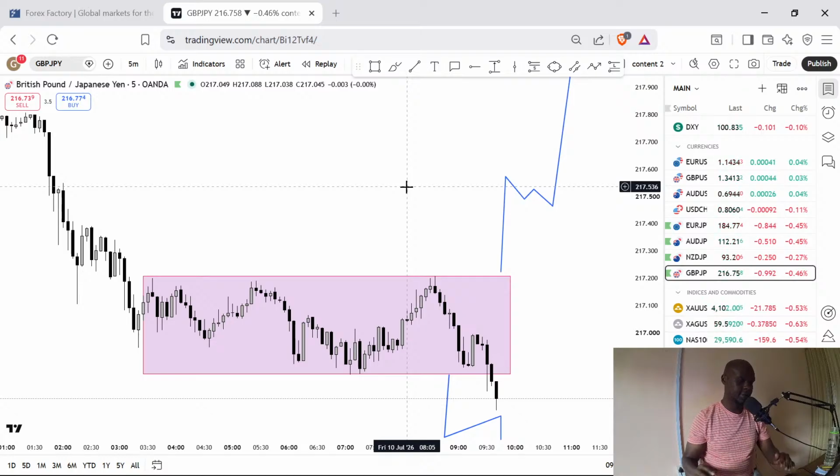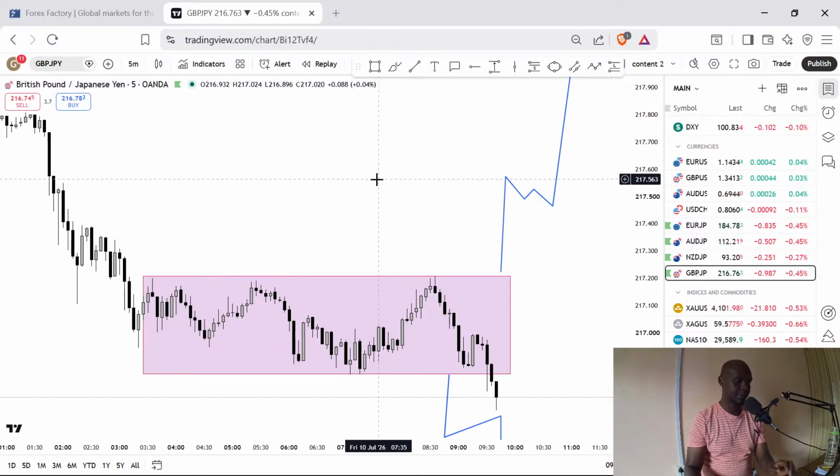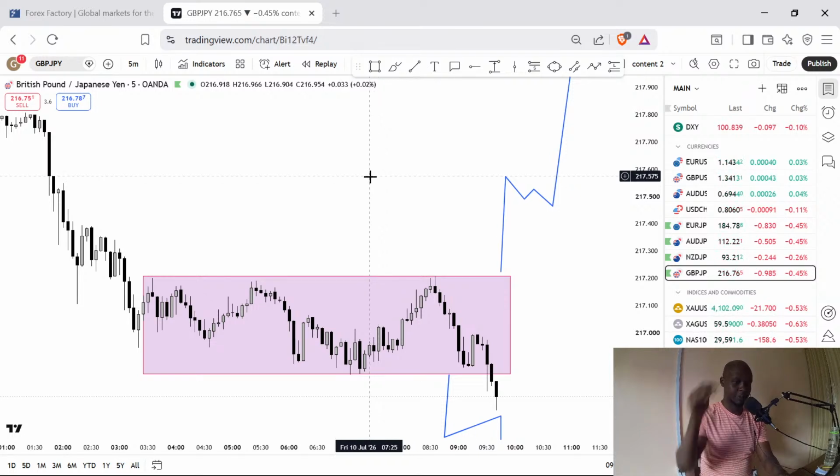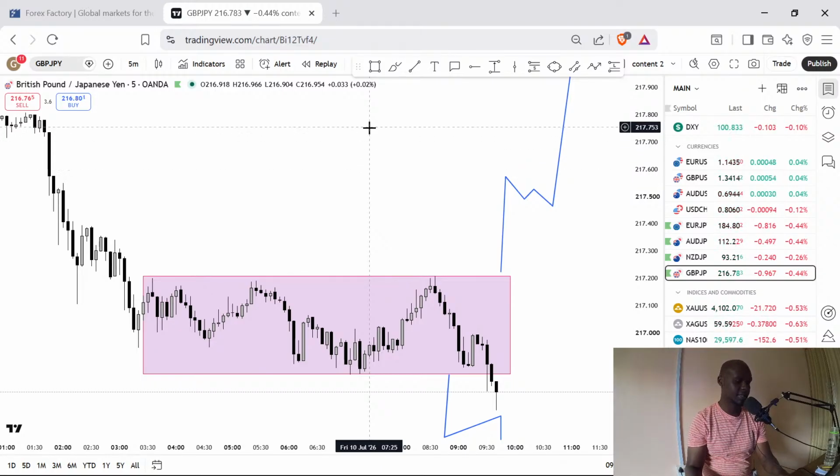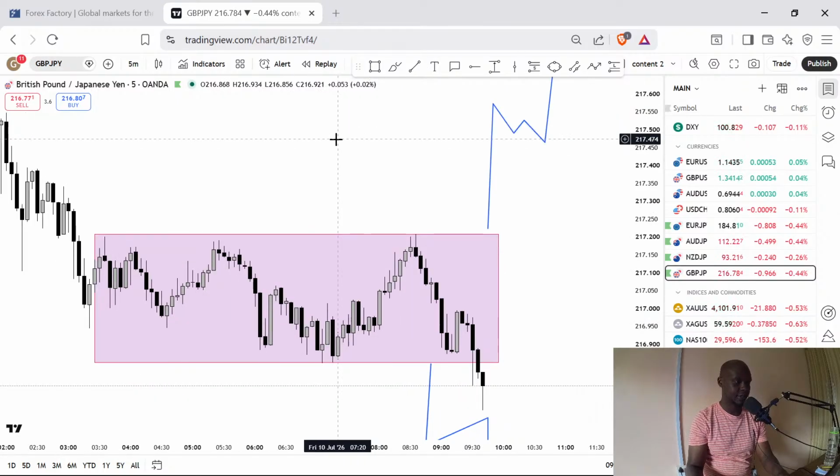Now, shorts on GJ will really align with the fundamentals that I was talking about, with the Bank of Japan expected to raise interest rates, which will mean we'd have a stronger yen. So it will make sense to short the pound against the yen, but as I've said previously, I do not place my trades based on fundamental analysis or news being released.